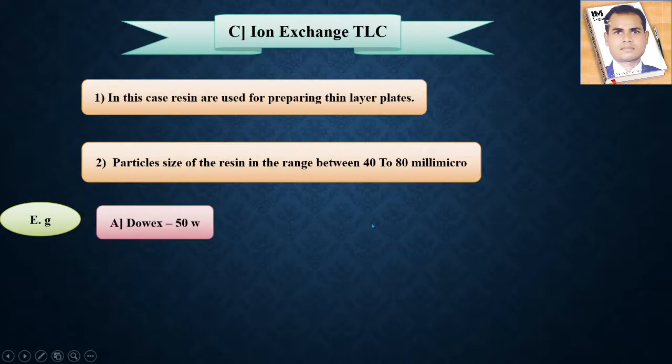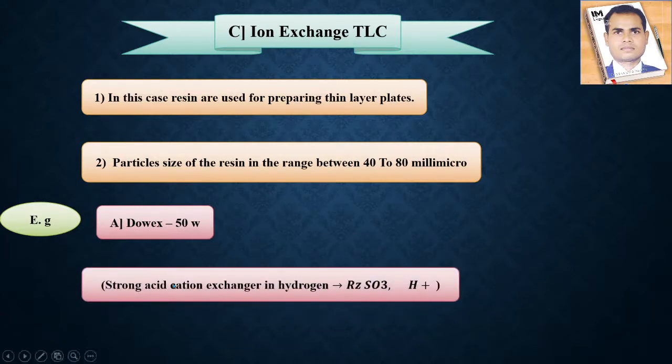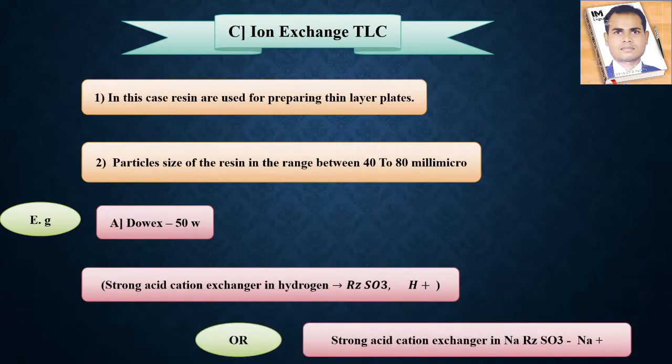For example, we can see here Dowex 50W, a strong acid cation exchanger in hydrogen form, that is RZSO3 H plus hydrogen ions, or the strong acid cation exchanger in sodium form, RZSO3 Na plus cations. So both are cation exchangers, right?